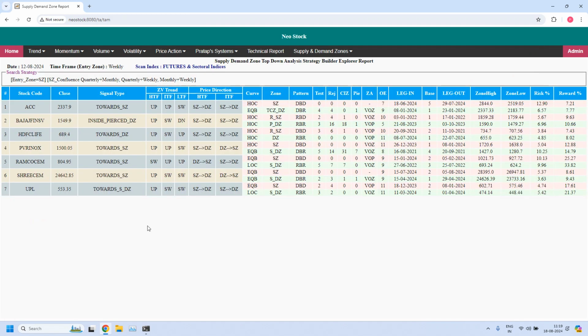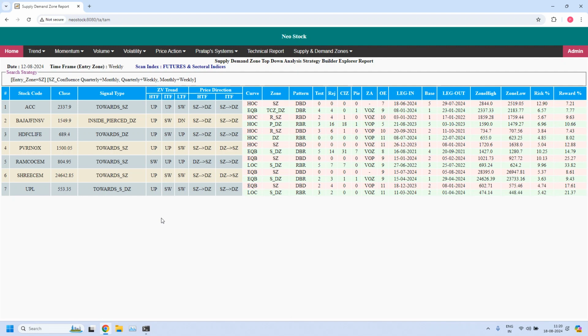These 7 stocks are having confluence with weekly, monthly and quarterly, but anything inside the supply zones or near supply zones, few stocks are moving towards the supply zone, few stocks are moving towards the demand zone. Probably they might be near to the supply zone. If they turn back and come into the supply zone, give you a trade, probably that could be a little high probability setup. That way you can understand. If the supply zones are high liquidity, probably there could be higher chances.